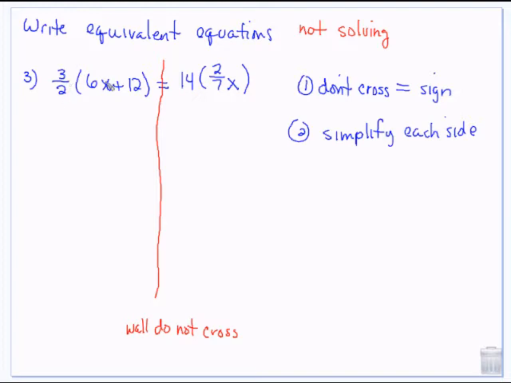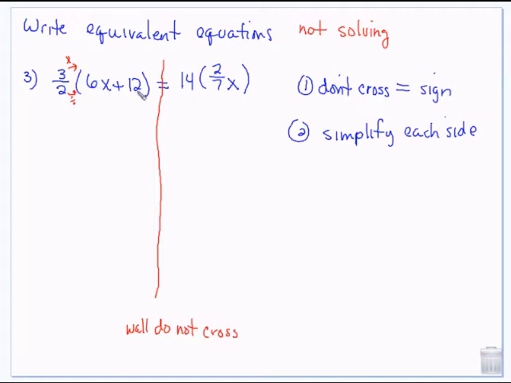So I've got 3 halves times 6x plus 12. When I have a fraction like this, the numerator is multiplication and the denominator is division. So I'm going to look at the 6 and the 12, and do they divide by 2?